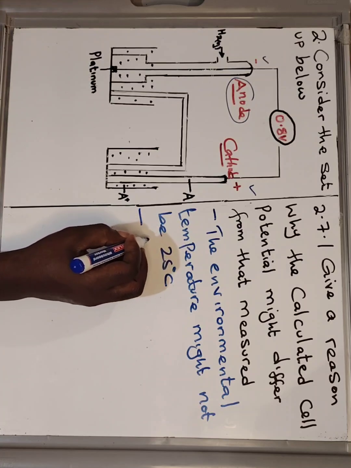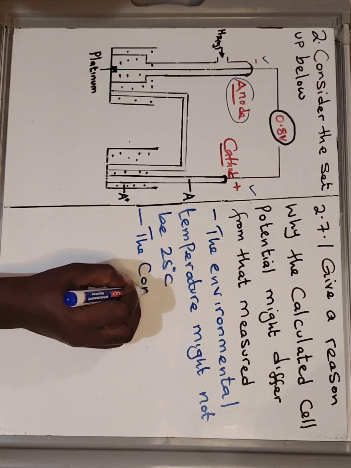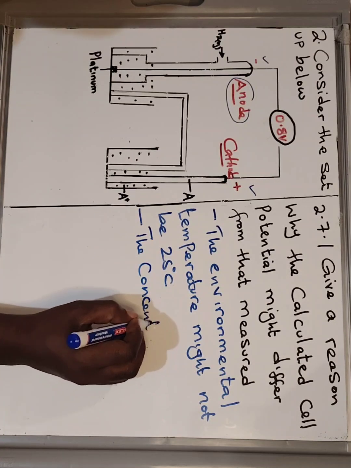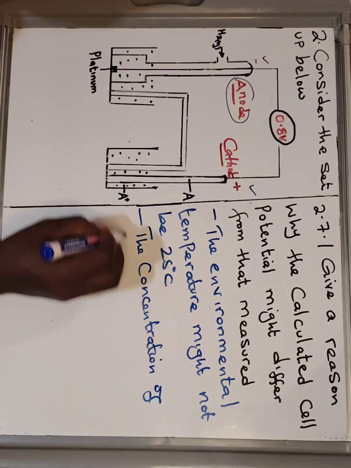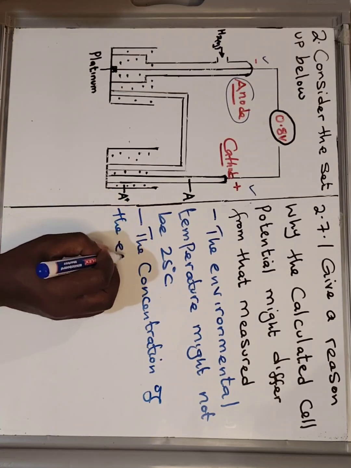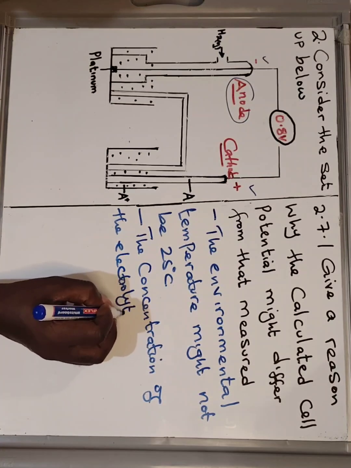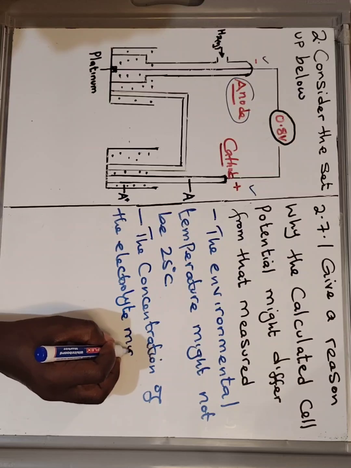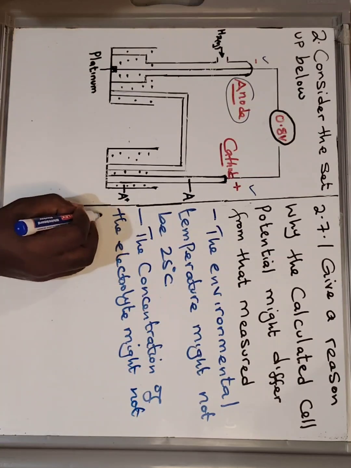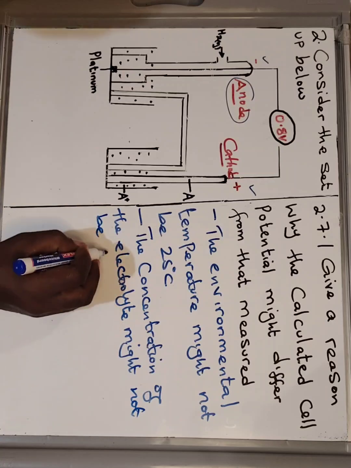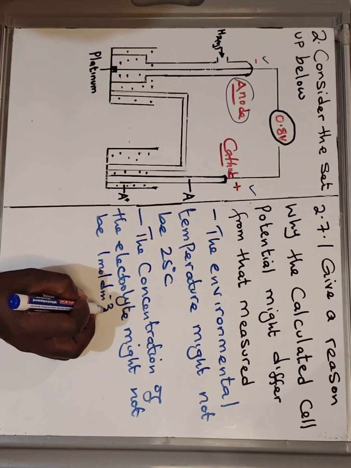Okay, then what else can cause the deviation? The other one is the concentration of the electrolyte might not be 1 mole per cubic decimeter.